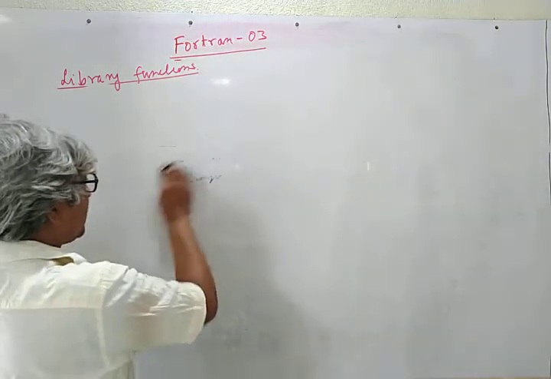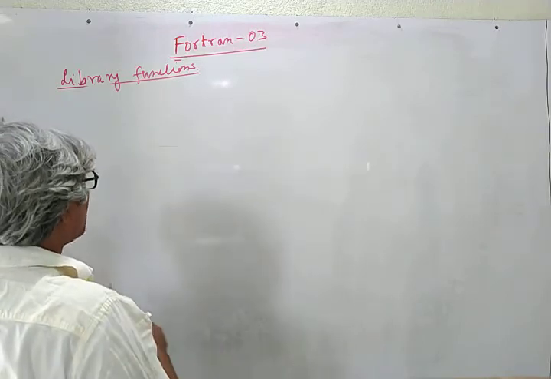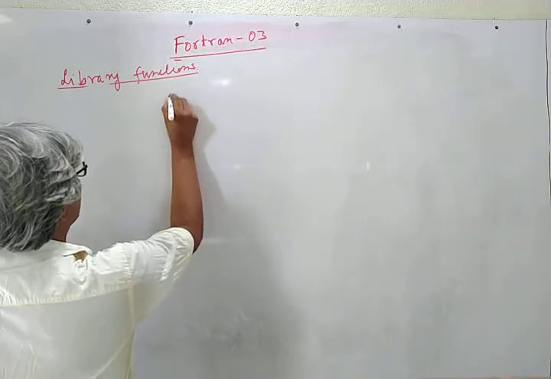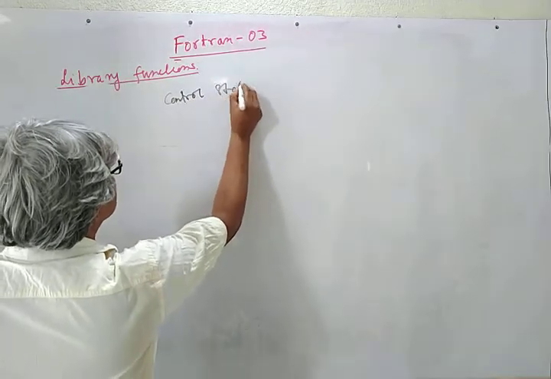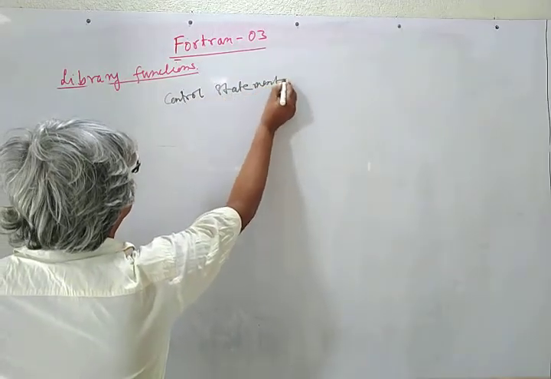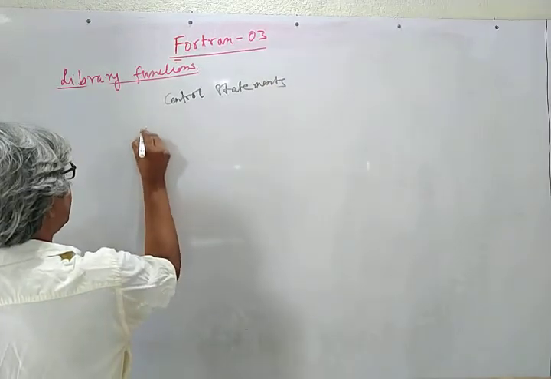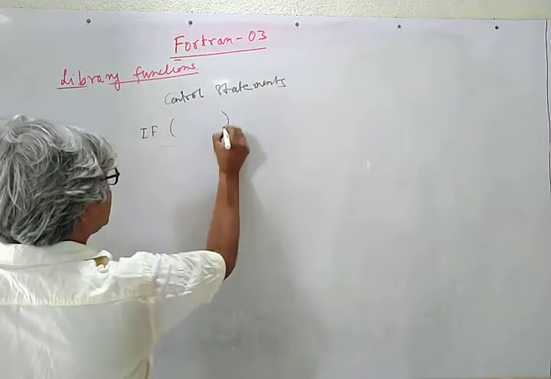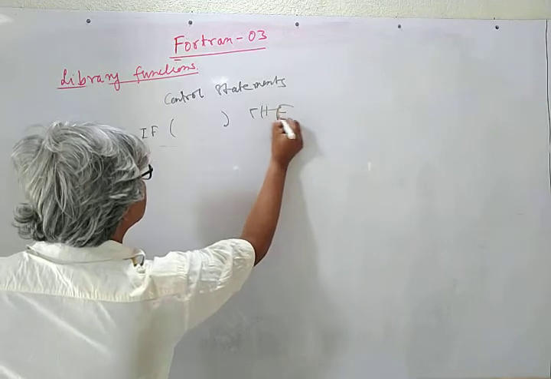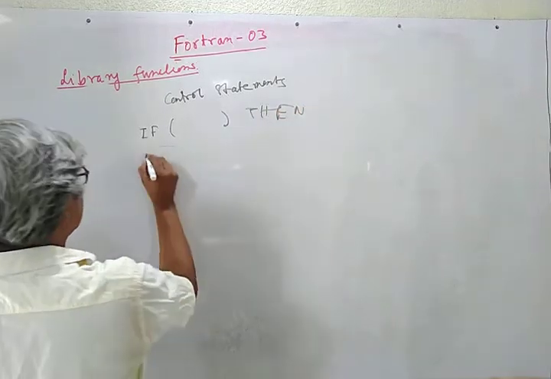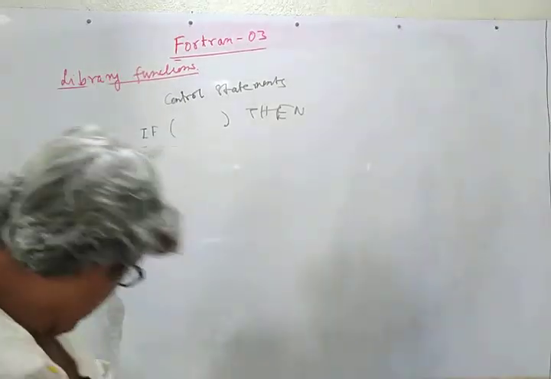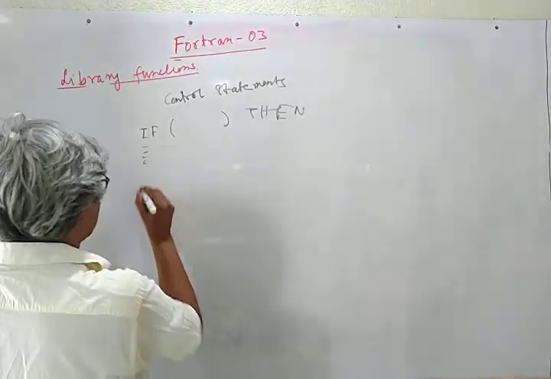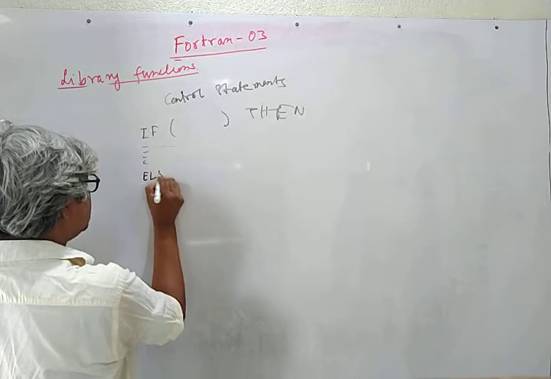And then we have the control statements, two types of control statements. One is the if statement. If some question is asked, then when the condition is satisfied, these parts are executed, and the alternative is through else.